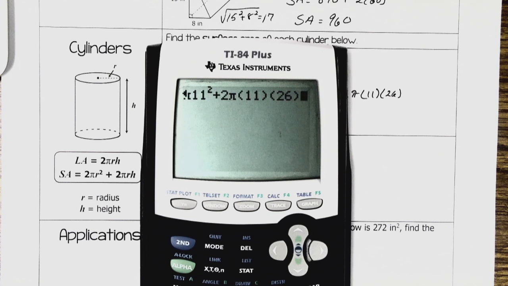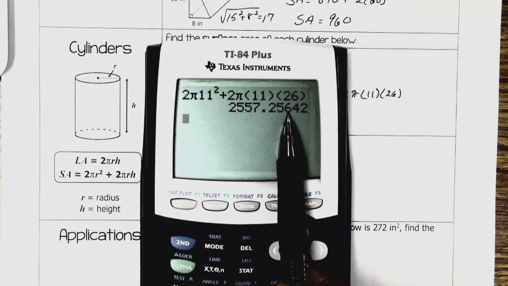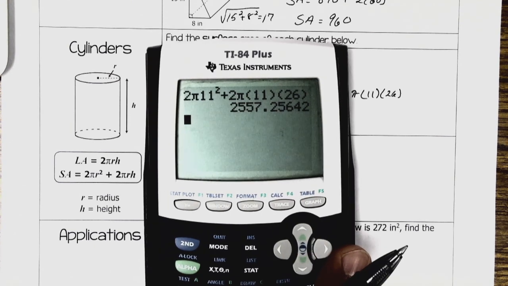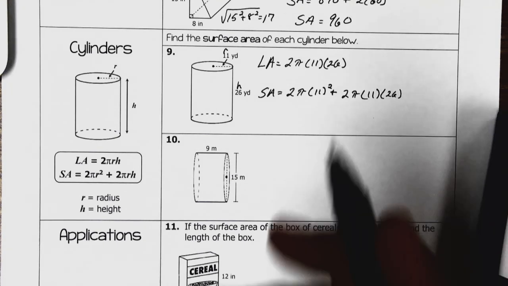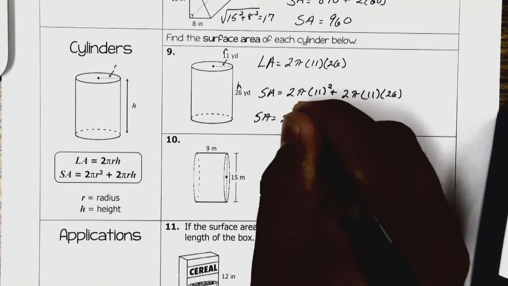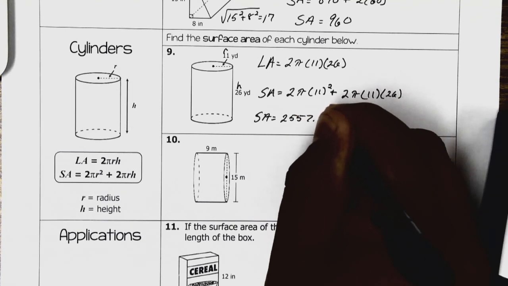There we go. We'll do it like that. There it is. Okay. So right here we'll round to the nearest hundredth. So this will round up to 0.26. So surface area equals 2525.26. There we go.